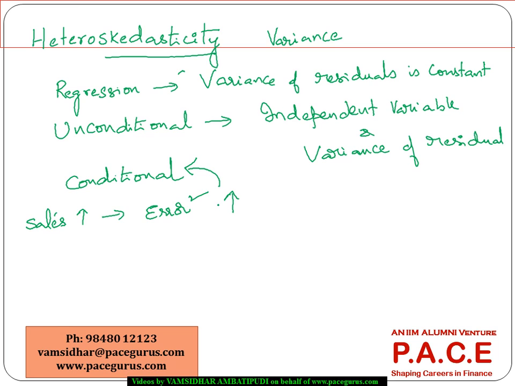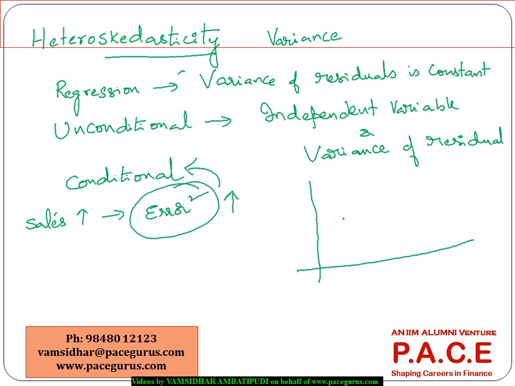The simple way of trying out is, generally speaking, the error term should not be correlated in any way with the independent variable. But if I am seeing that the error term is following some kind of pattern with an independent variable, that is where we call it a conditional heteroskedastic scenario.